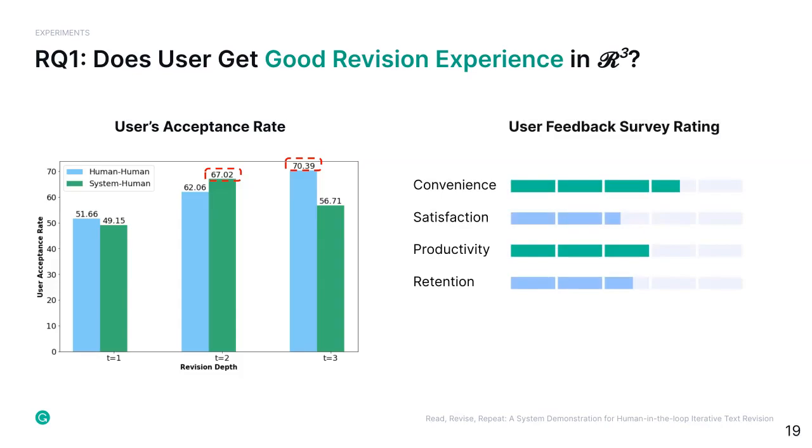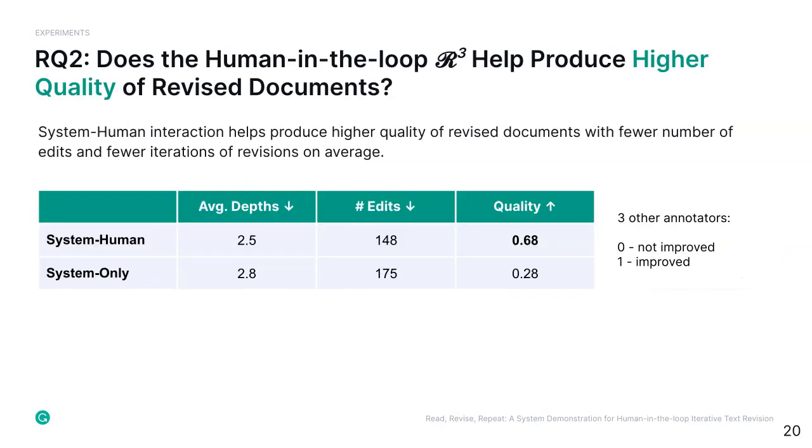In addition, we further asked our users to take a feedback survey and rate our system on a scale between 1 to 5. And we find that users generally think using R3 can help them get a more convenient and productive revision experience. We answered the second research question by conducting a Bayesian study on the human-machine interaction.